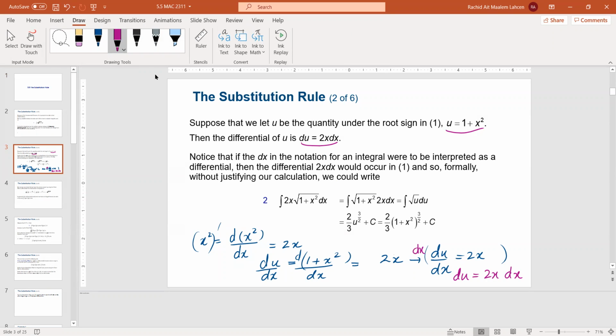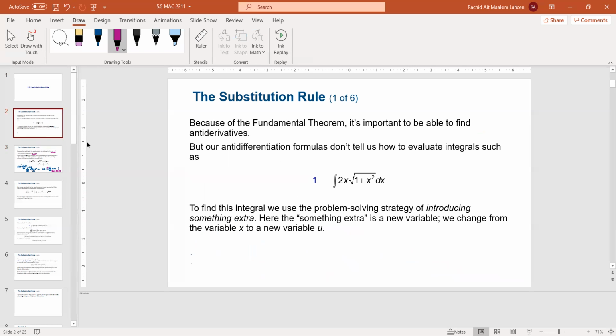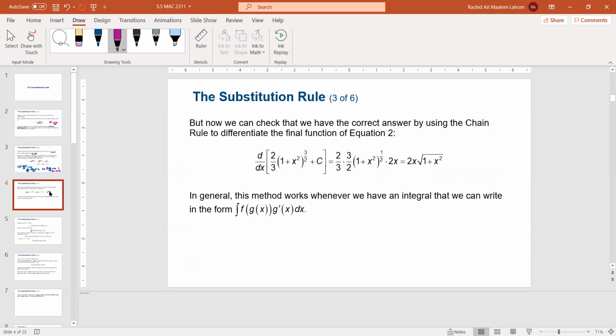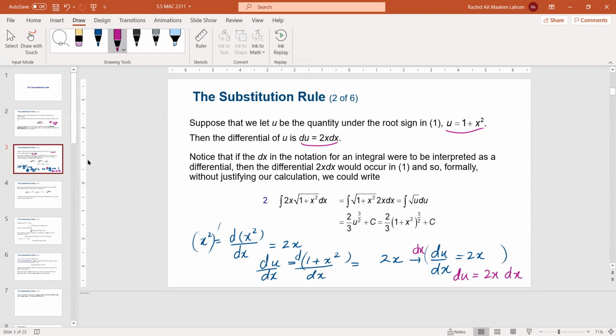Then we can consider this integral, which is this one here, and substitute with the u. You see this 2x dx is going to be replaced by du, and that's going to give us this kind of simplified form.